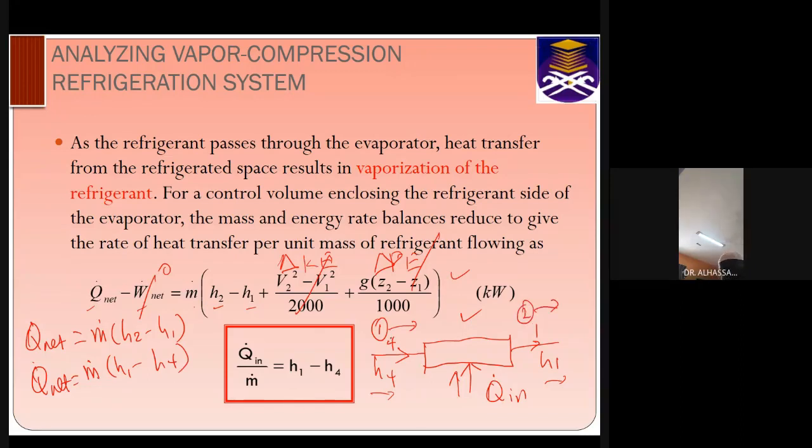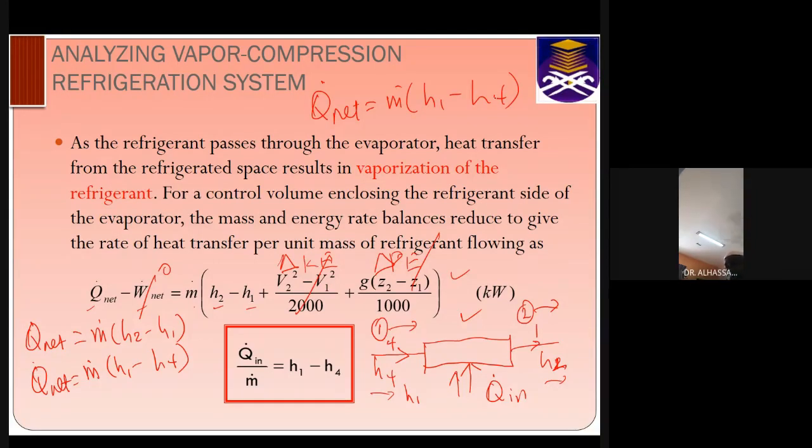Whichever way you want to write it, the only thing is to take note of the notation. We could also write Q net equals mass flow rate times H1 minus H4.